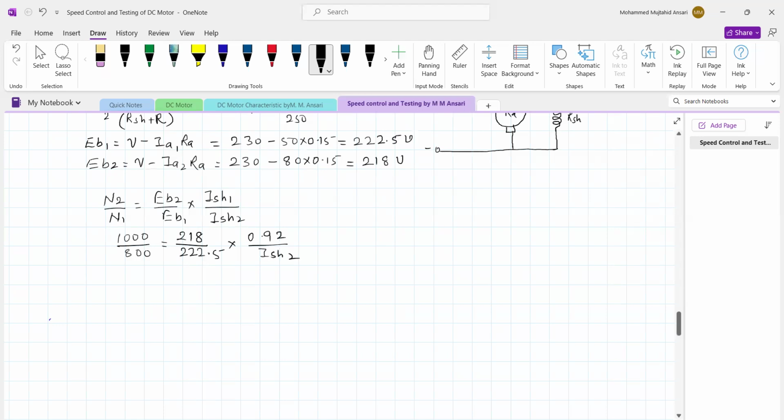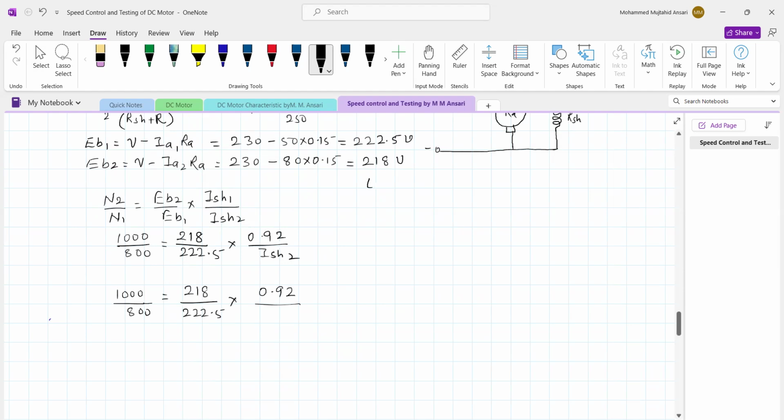So in this case, what is the ISH2? It is 230 divided by this one. So if you put the value as 1000 divided by 800, equals 218 divided by 222.5, into 0.92 divided by the total resistance.